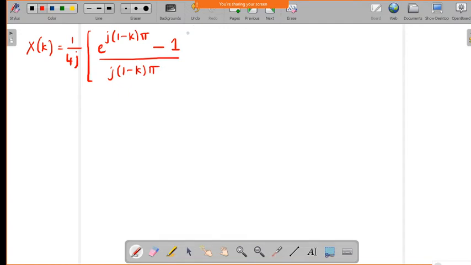So this will be one term, and another term we will get as plus e power minus j into 1 plus k into pi minus 1, divided by j into 1 plus k into pi. Okay, so this is the expression for X of k.